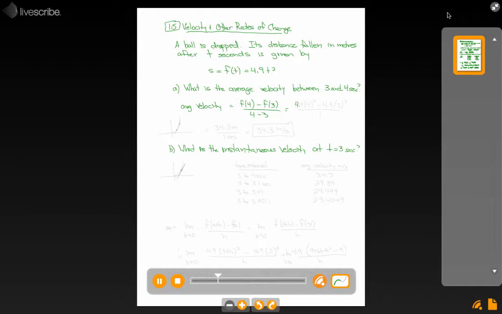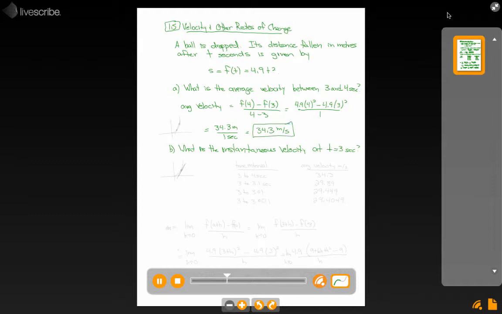So I can have 4.9 times 4 squared minus 4.9 times 3 squared divided by 1 second. And we find that this thing traveled 34.3 meters, and it only took 1 second to do that, so the average velocity for that second was 34.3 meters per second.